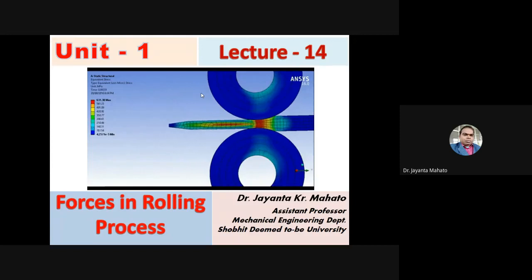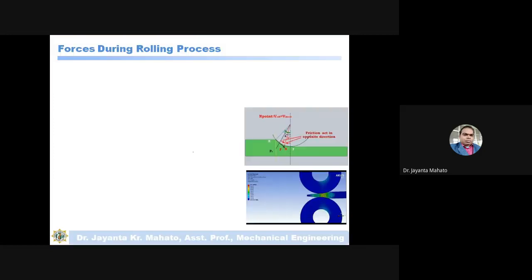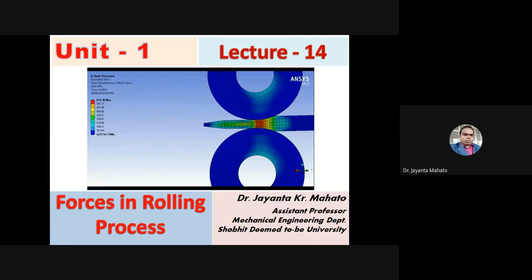or how much rolling pressure is actually generated to deform the material by the rolling process. So just see this animated view.